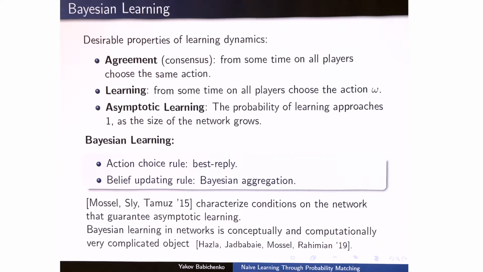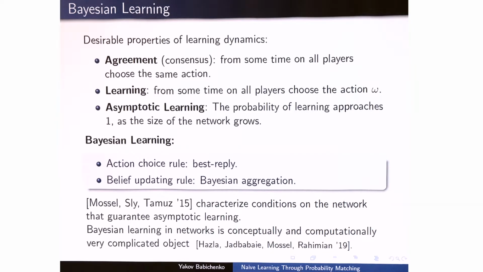Another issue that I want to mention about Bayesian learning: a recent result by Hązła, Jadbabaie, Mossel, and Rahimian essentially shows that Bayesian learning is a very complicated object. I think the fact that conceptually it is a very complicated object, people realized at the very beginning when they started working on these things, but recently there is also computational evidence.